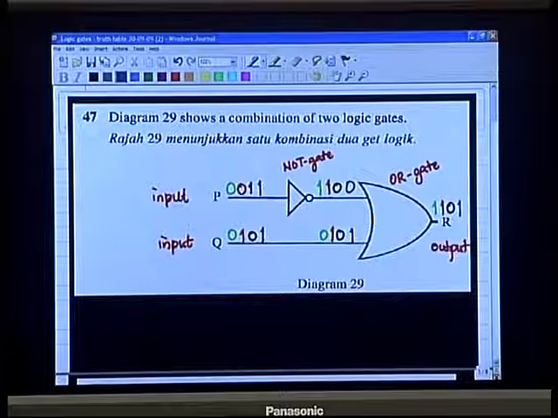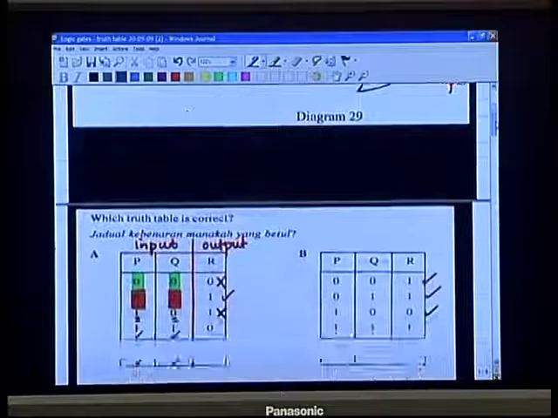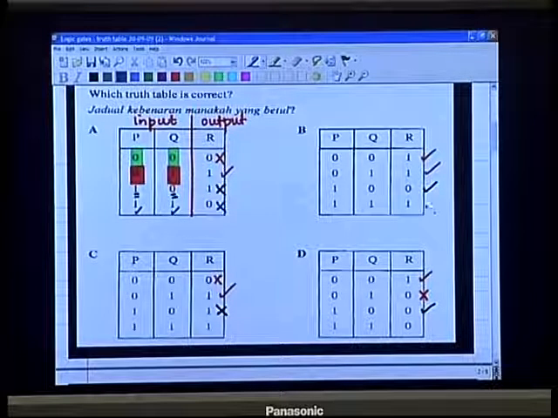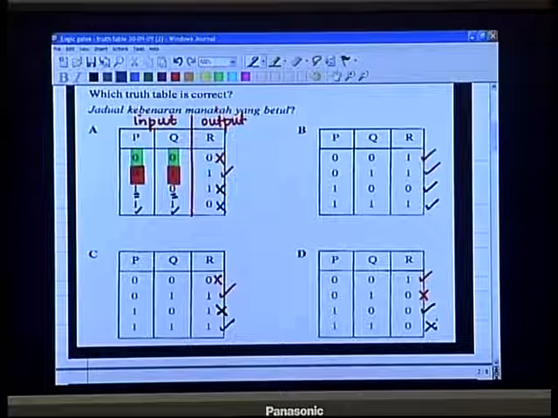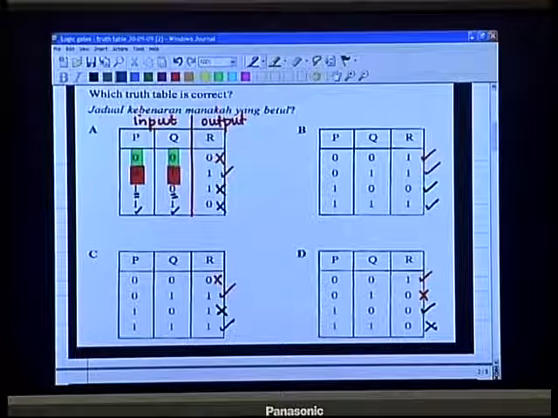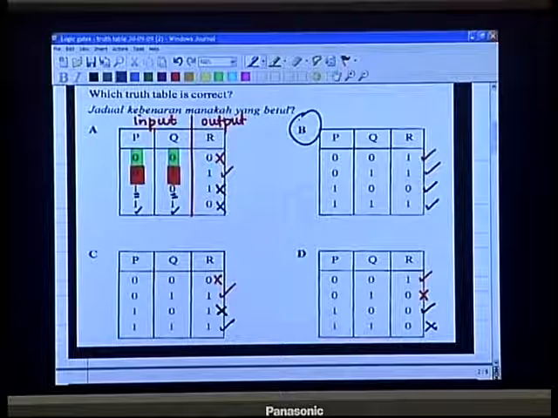Alright? So what is the answer? You look, 1, 1, 0, 1. The output R should give us 1, 1, 0, 1. Alright? So the last one is 1. So this is wrong. This is right. This is right. This is wrong. Okay? So the only answer that has everything correct is the answer B.